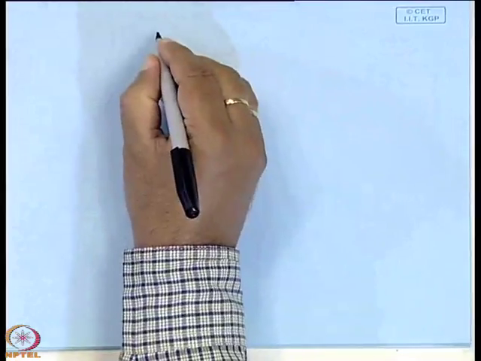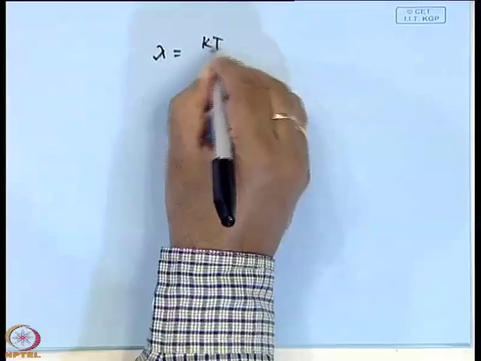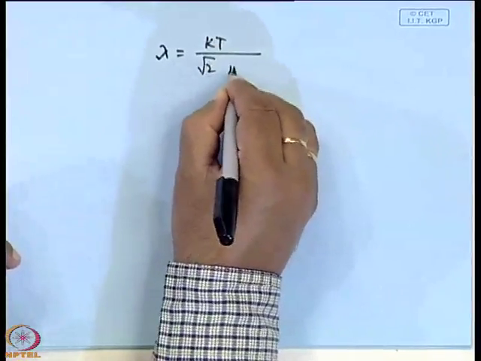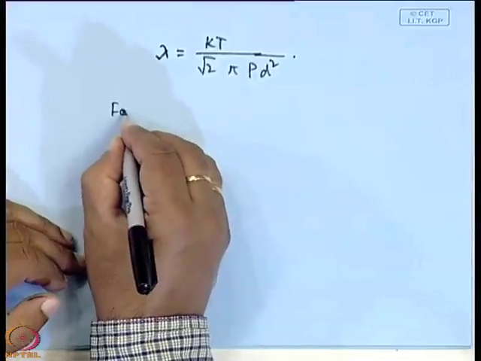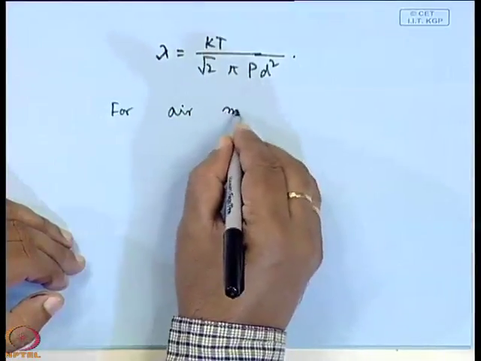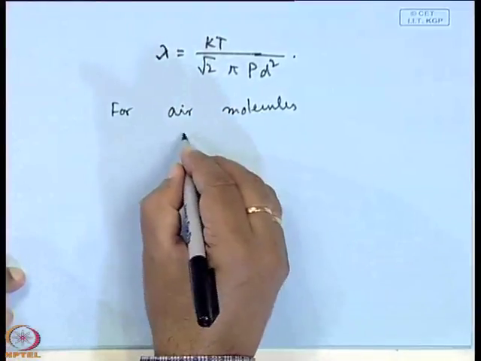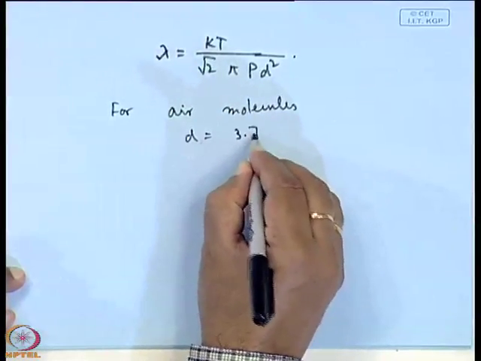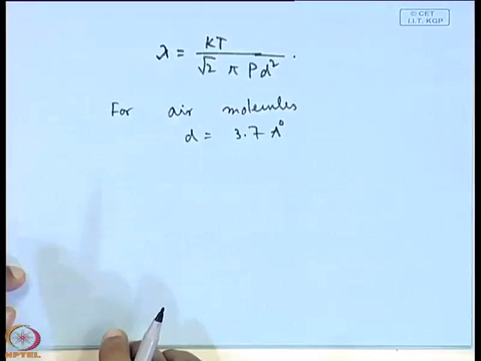Okay, so you find that lambda is k t by root 2 pi p d square for air molecules. What is d? D is 3.7 angstrom.